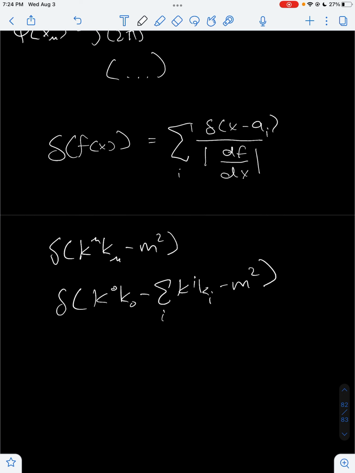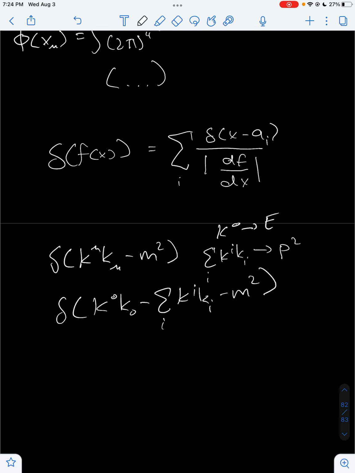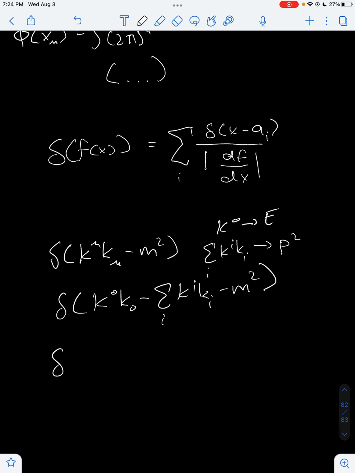And to make things a bit more familiar to us, let's replace k naught with E for the energy. Let's replace the sum over the 3 momentum components squared as just p squared. Some people might say, I don't like how you're doing that, it's kind of a basic notation for the p especially, but it's intuitive and you get the point. So let's use those substitutions.